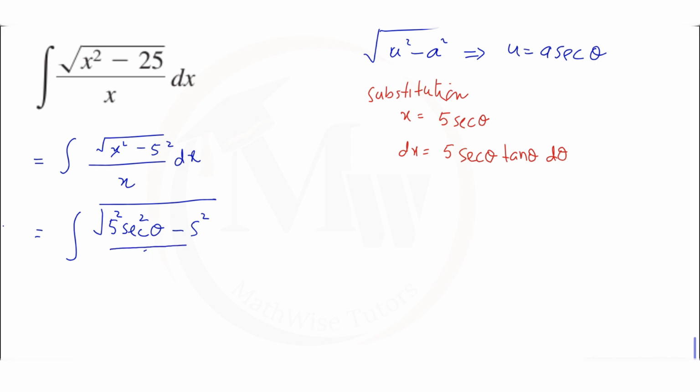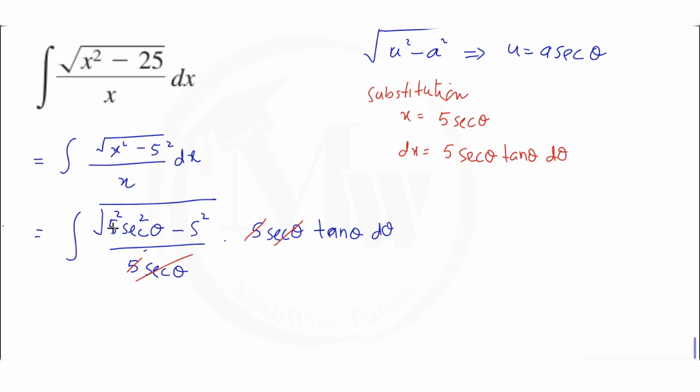And the denominator is 5 secant theta, and in the place of dx we write 5 secant theta tan theta d theta. If you notice, 5 secant theta is the same in numerator and denominator, so they can be cancelled out.